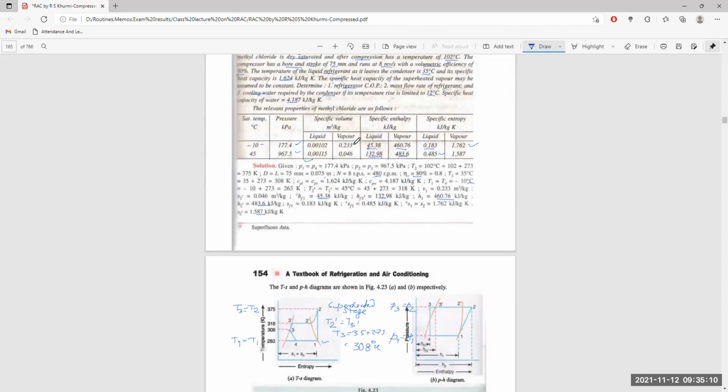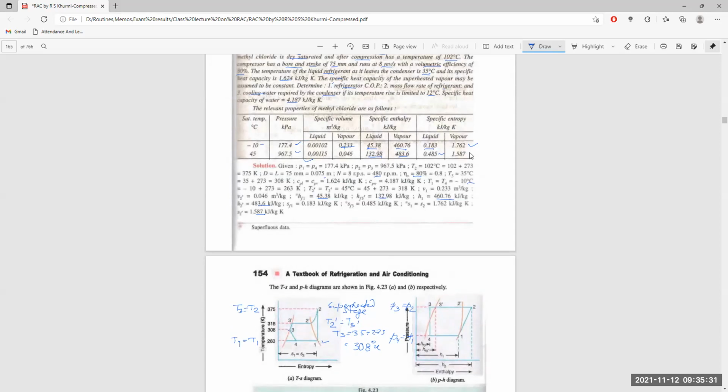The specific volume of the vapor of this particular refrigerant is given as 0.233, which is the volume per kg of the refrigerant at -10 degrees centigrade.